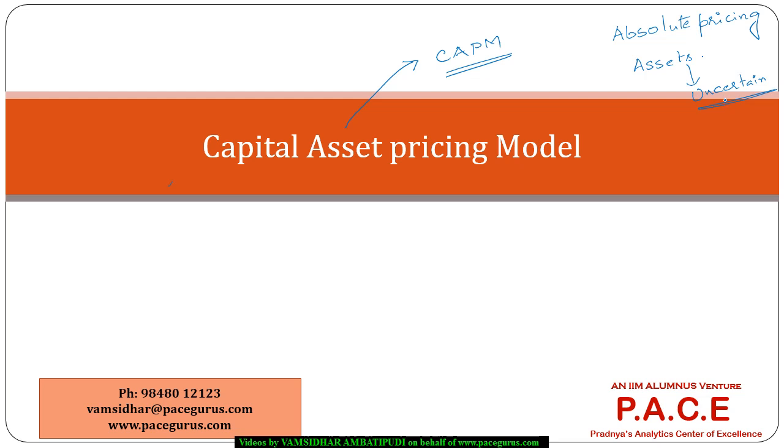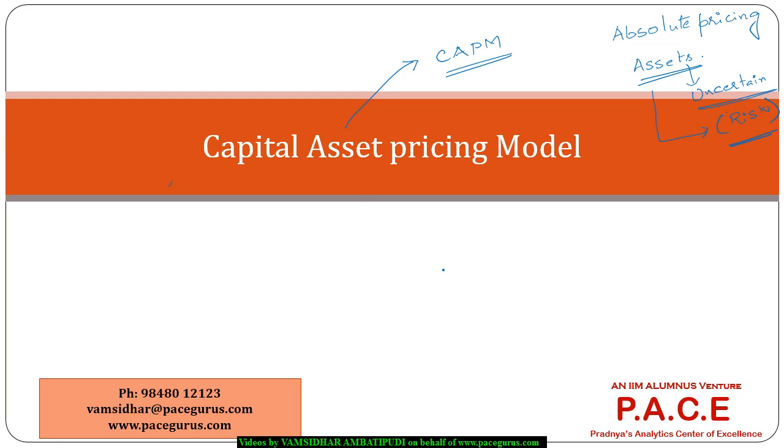So where the cash flows are very much uncertain, which means there is a risk built into the cash flows, if I have to value those assets based on the assessment of their risk, there also the asset pricing models come into the picture.